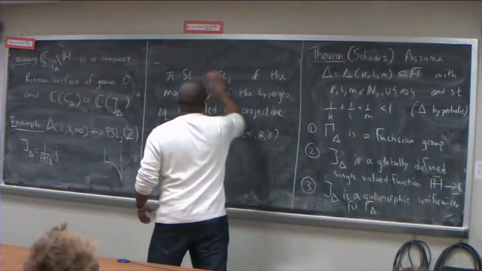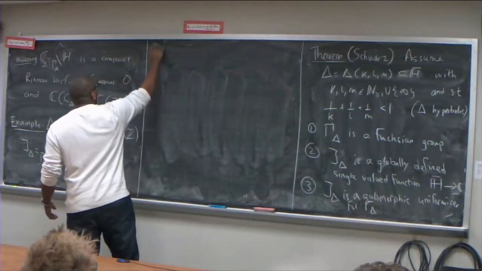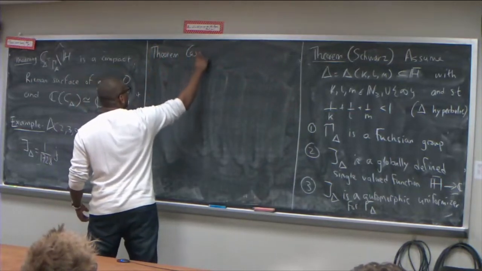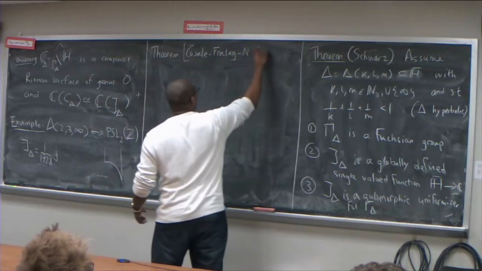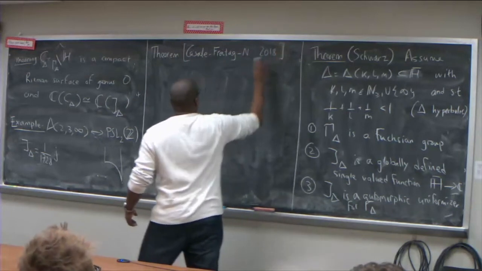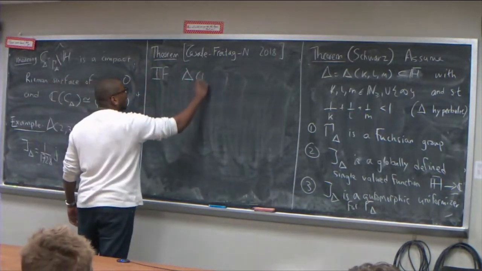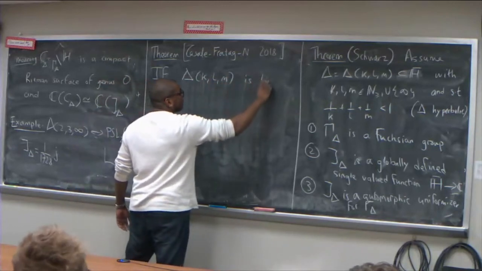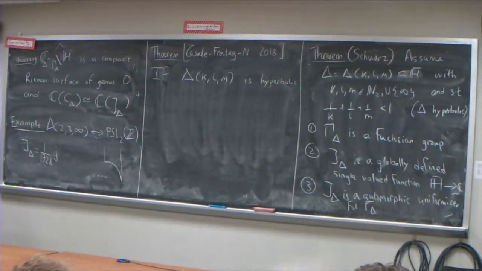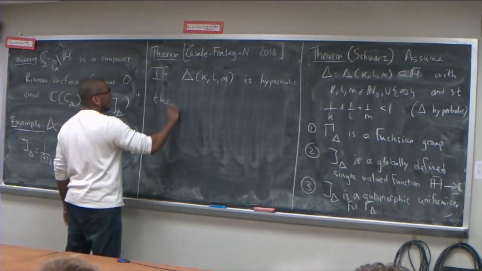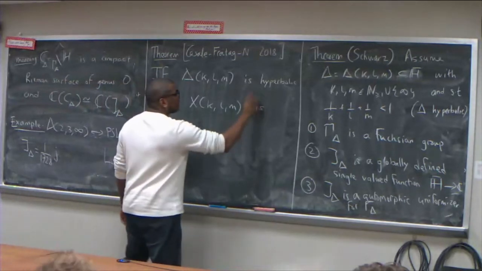And what we did in our earlier work with Jim and Guy Casale, let's say 2018 for now, is that if the triangle is hyperbolic, so if you do have all these conditions on the parameters and on the triangle, then the solution set of the corresponding Schwarz equation is strongly minimal.